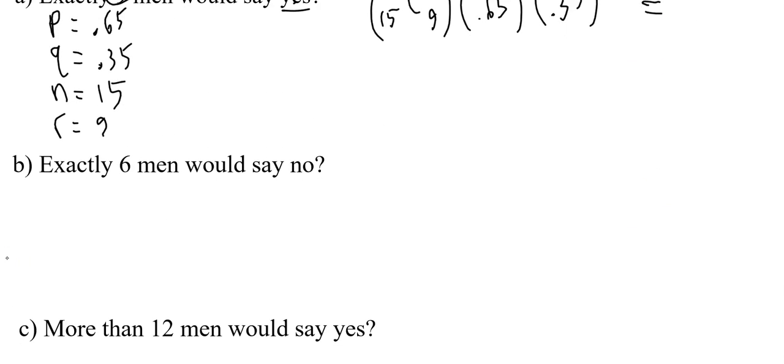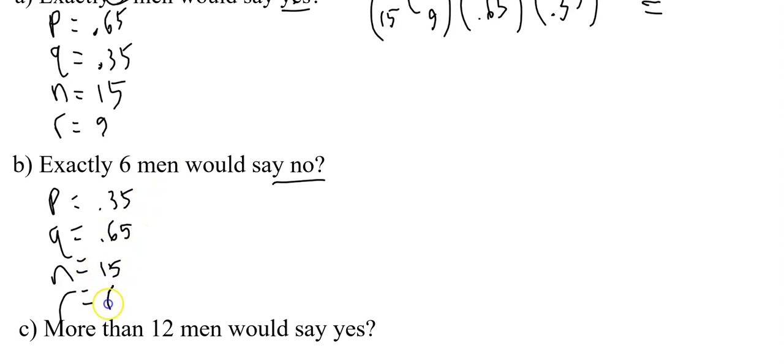Exactly 6 men would say no. Okay, so let's figure out what this is. So this is P, Q, N, and R. So P is, I want to say no. So no is 0.35, because that's success. 0.65 is failure. N is still 15.